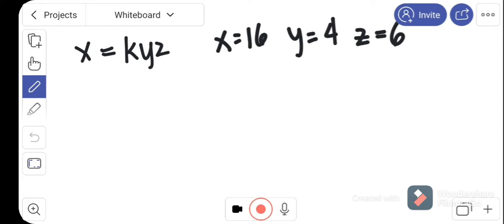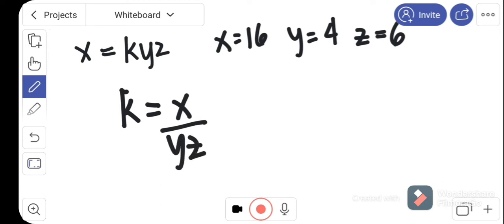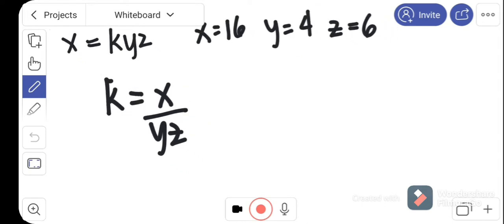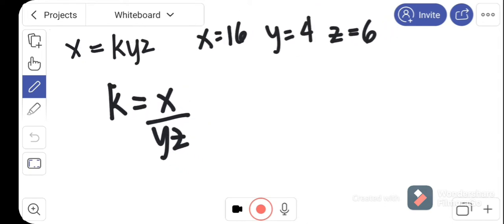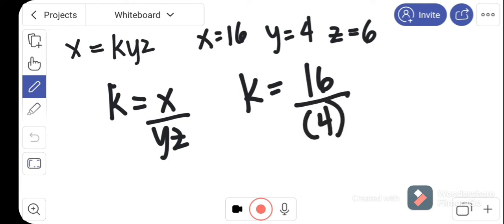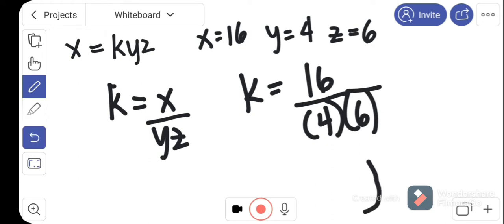So to find k, we'll have x over yz. And then let us solve by substituting these values into our equation. k is equal to 16, the value of x, over the value of y, 4, times the value of z, 6.